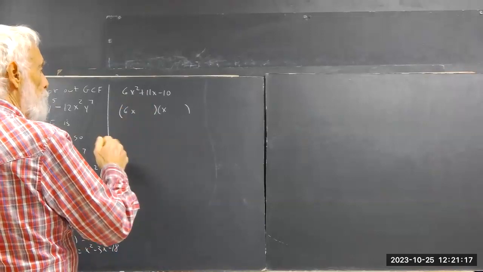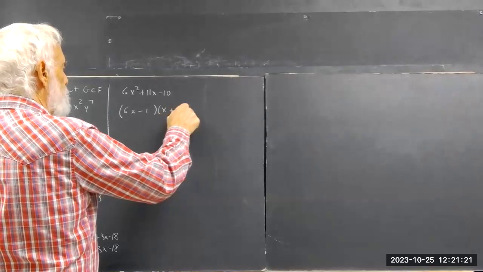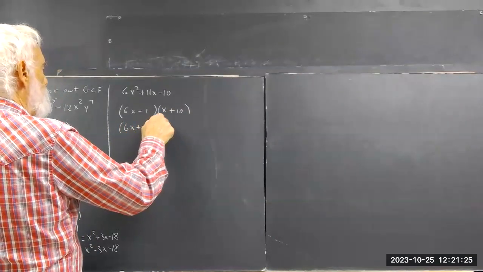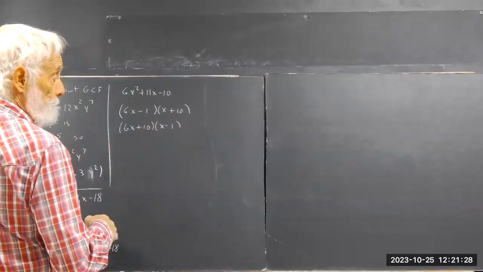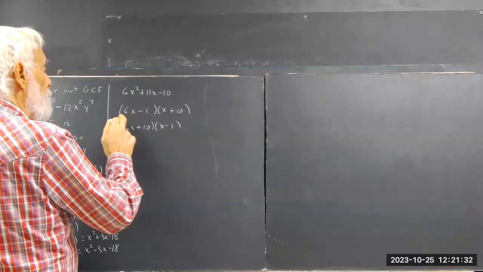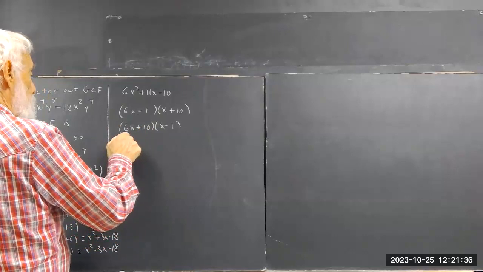Okay, well, we can do that. We could have 6x minus 1, x plus 10. We could have 6x plus 10 times x minus 1. And it would make a difference. This is different than this because we have different coefficients in front of x this time.